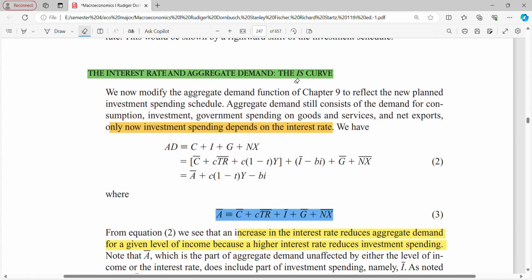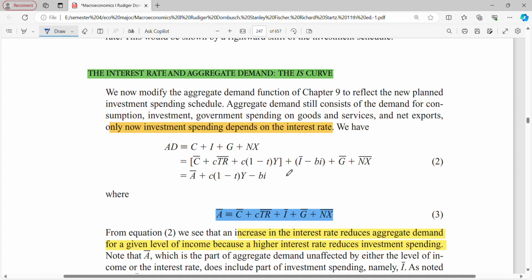Next is the interest rate and the aggregate demand, the IS curve. We now modify the aggregate demand function of chapter 9. So we know the aggregate demand function: AD is equal to C plus I plus G plus NX. Consumption, investment, government spending, net exports. We know consumption can be written like this.